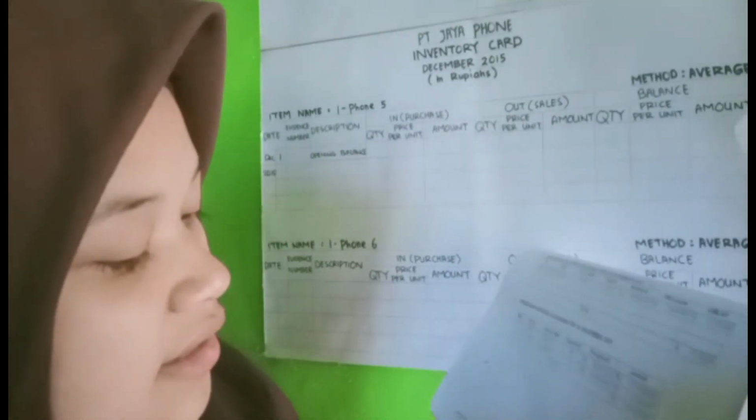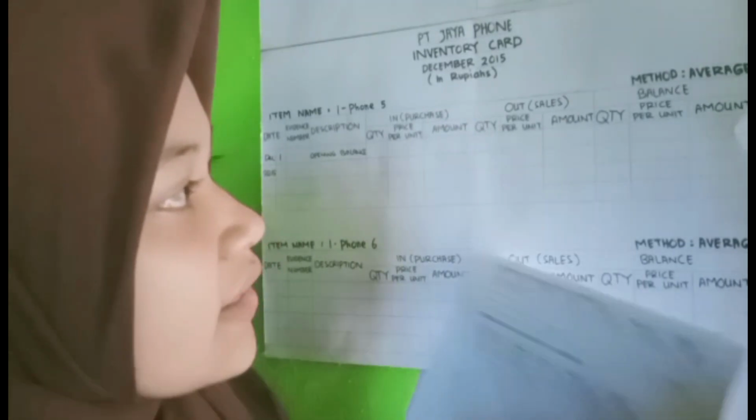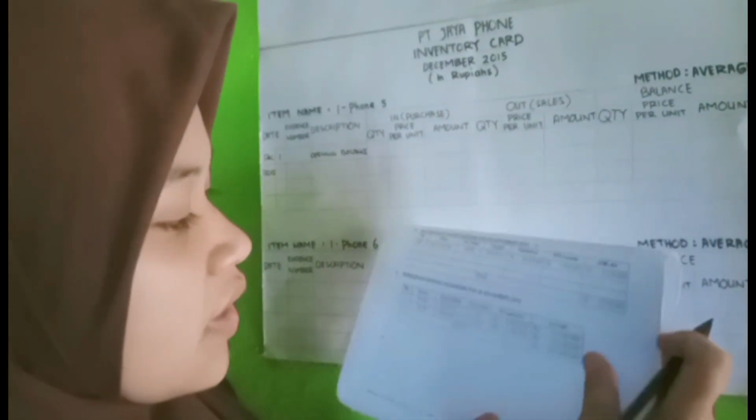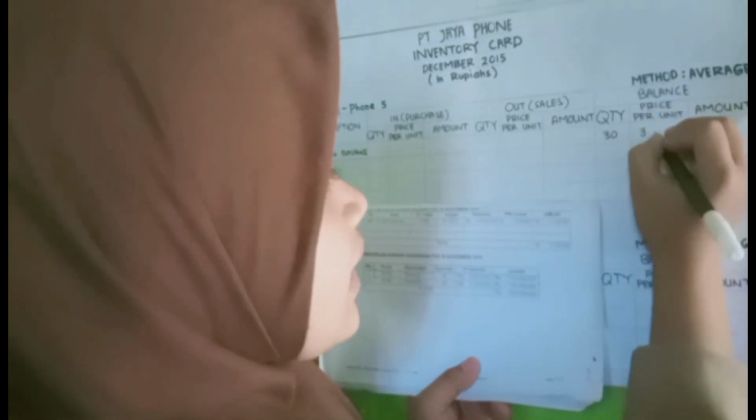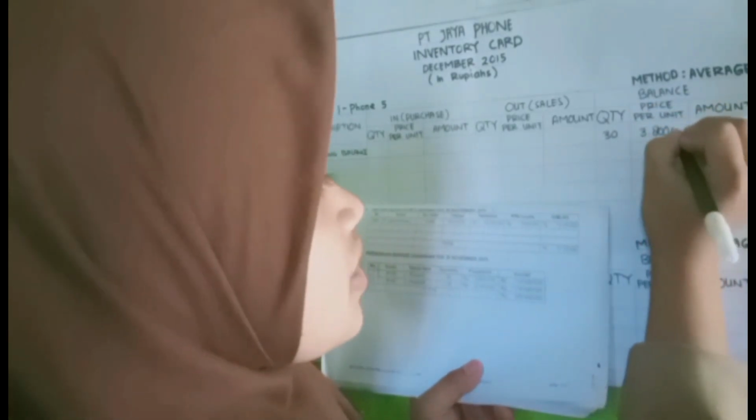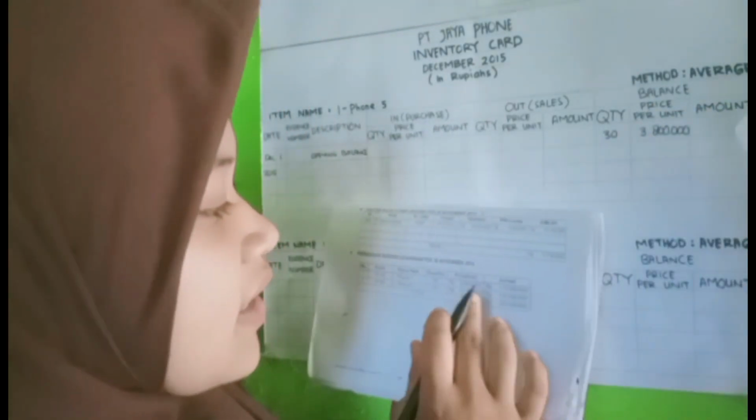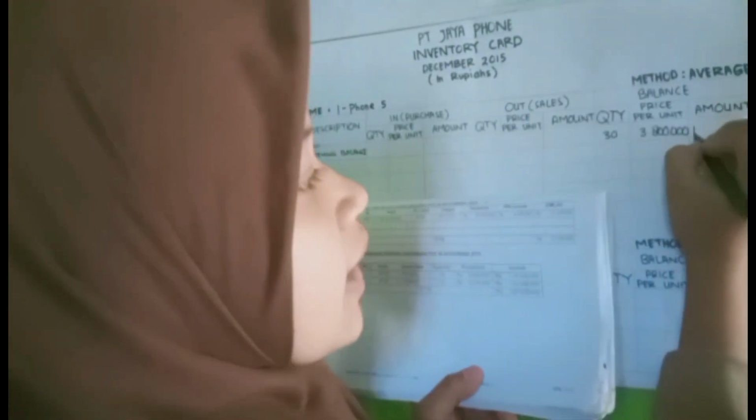Then at the balance column, quantity 30, price per unit 3,800,000 rupiah, and amount 114 million rupiah.